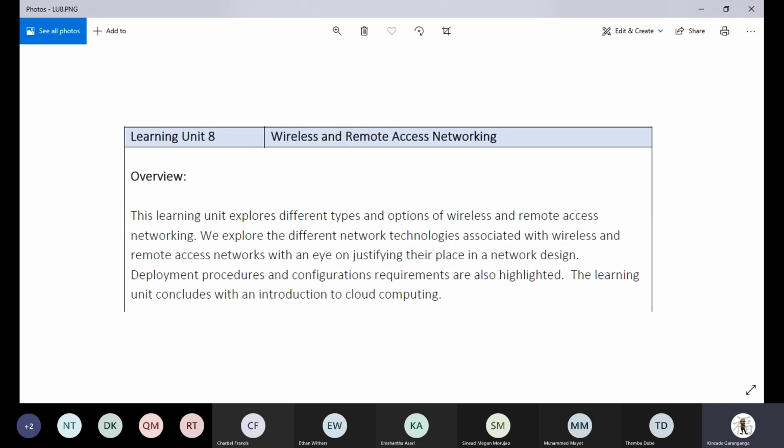So that's the actual module at large, as far as basic content is concerned.